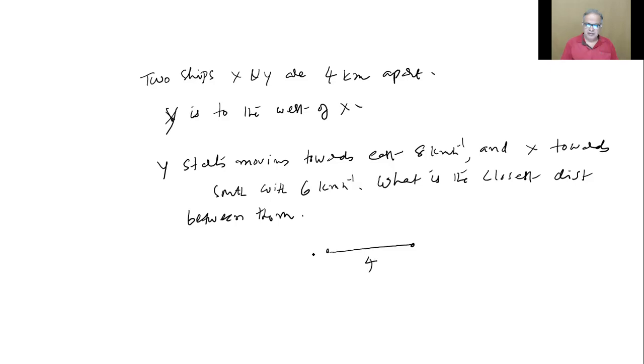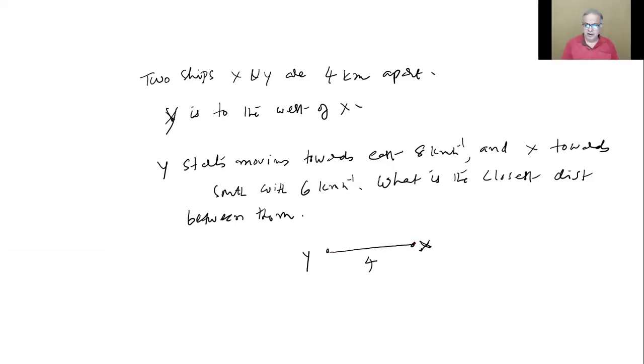Where will I put X here? X is on the right side, sir. Here, this is Y. Then, Y is moving towards X with 8 kilometers per hour. So I'll draw the velocity diagram here itself. But remember, the velocity diagram is 8.